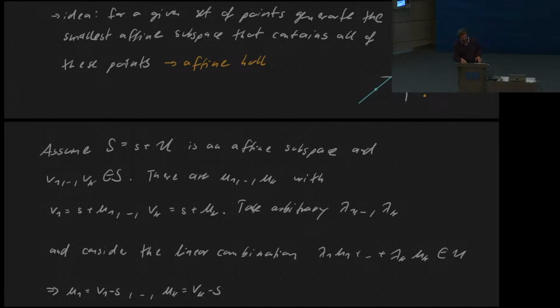Similarly, if I take 3 points, let's also do that. So let's say I have these 3 points here. What's the smallest affine subspace that contains all of these? Obviously, they are not all on one line, right? So one line won't do. What's the next possible step?